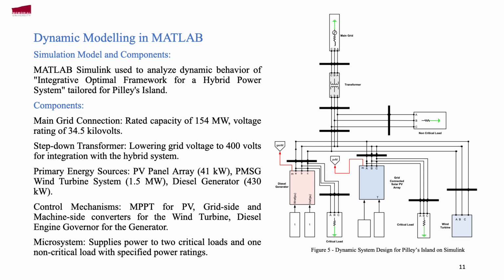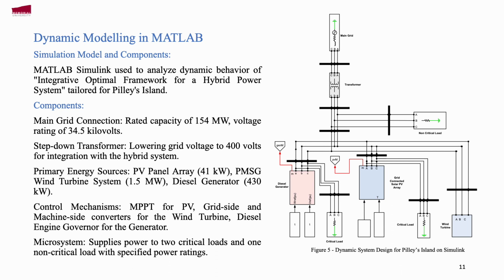34.5 kilovolts. The step down transformer, lowering grid voltage to 400 volts for integration with the hybrid system. The primary energy source, PV panels array, 41 kilowatts, and the PMSG wind turbine system is about 1.5 megawatts.